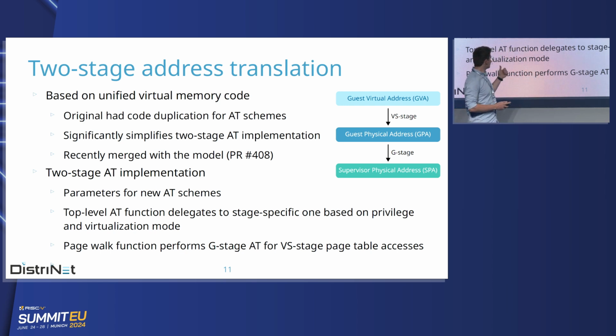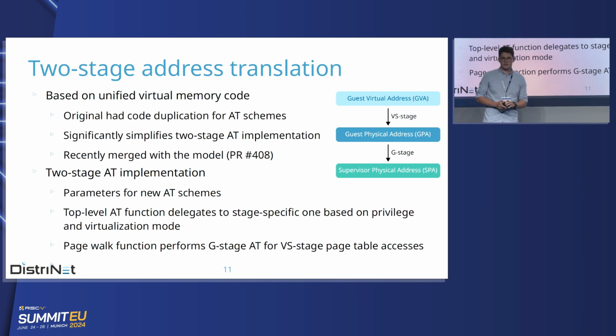So my implementation of the two-stage address translation then simply can define parameters for the new stages that the second level introduces. We wrote a top-level address translation function that delegates based on the current virtualization mode and privilege level.